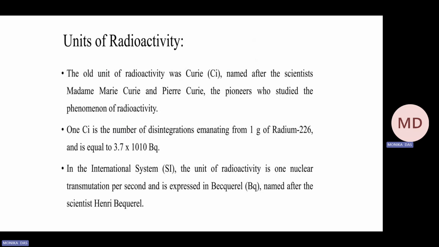So in the international system, the unit of radioactivity is 1 nuclear transmutation per second and is expressed in becquerel, named after the scientist Henri Becquerel. So the main old unit of radioactivity is the Curie.